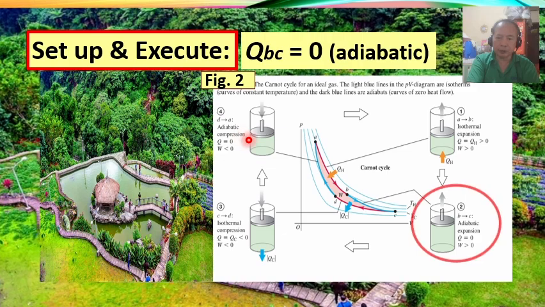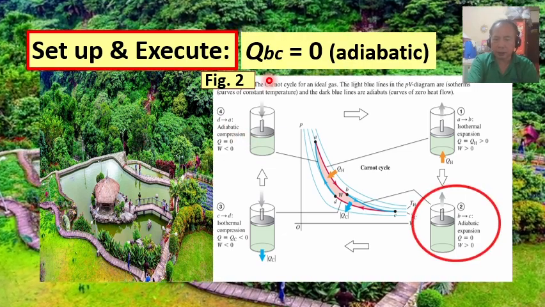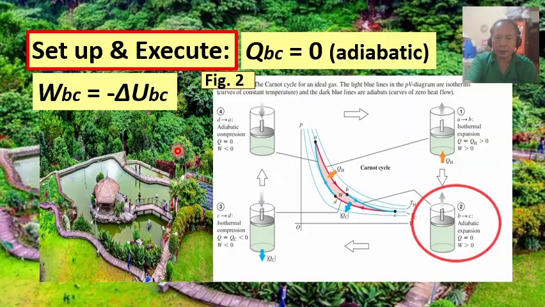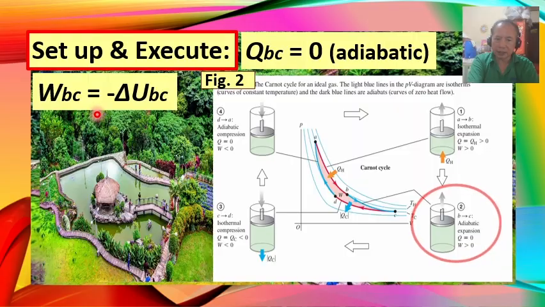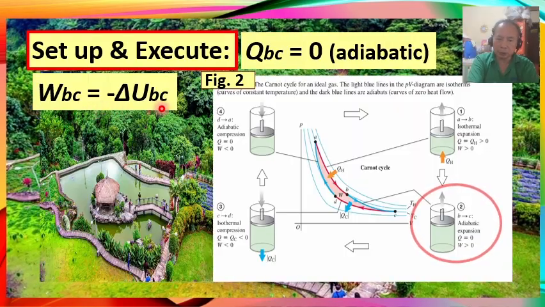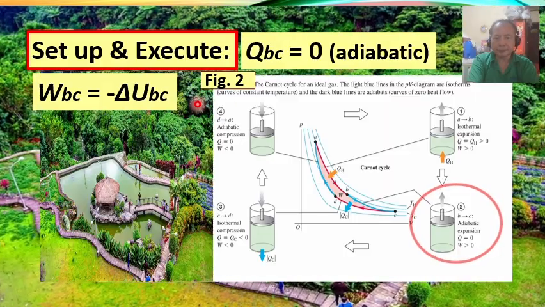And according to the first law of thermodynamics, when the amount of heat Q sub BC equals 0, then the work done W sub BC is just equal to negative delta U sub BC, right?